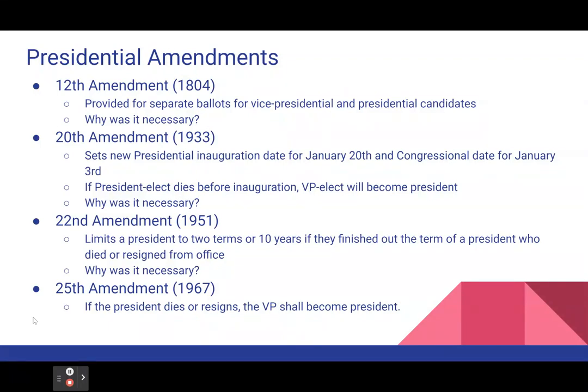There is no implication here. This is putting it in black and white in print. The vice president takes over. There is no question about who is in charge right now. And this becomes really important, because it's important to the country that everybody knows who's in charge.